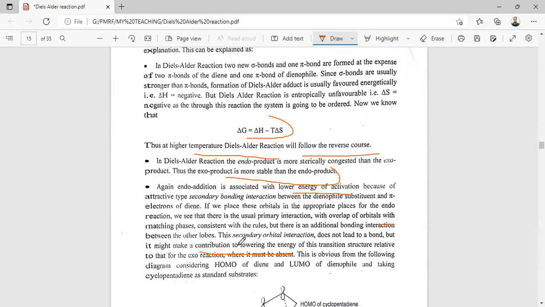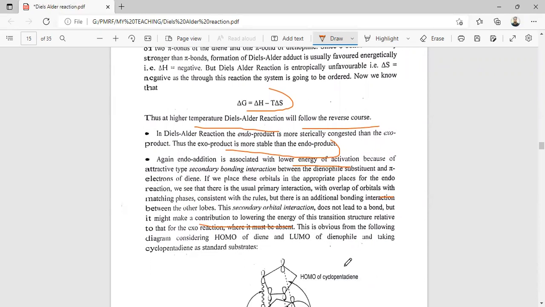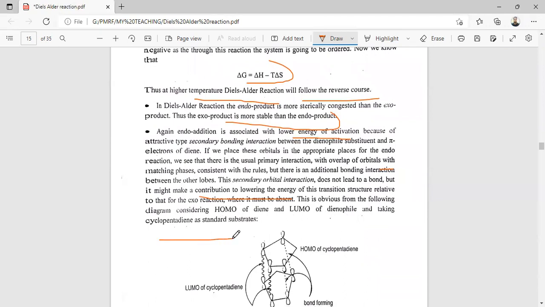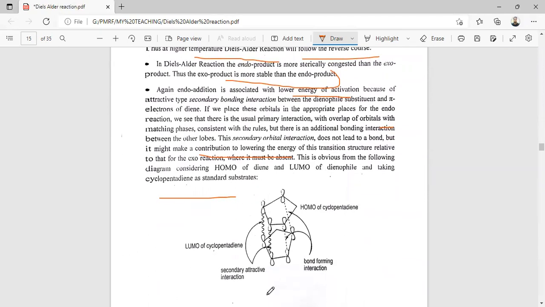This is obvious in the following diagram, the HOMO of the diene and the LUMO of the dienophile, taking cyclopentadiene as a standard substrate. So here, when it goes via the endo addition product, there is this type of secondary interaction, and this is the primary bond forming interaction.